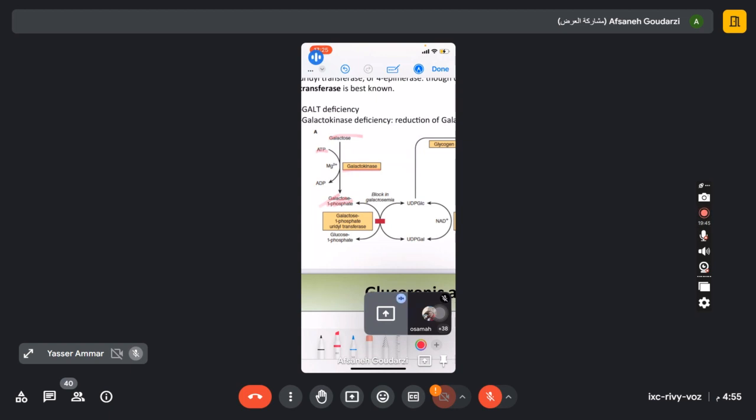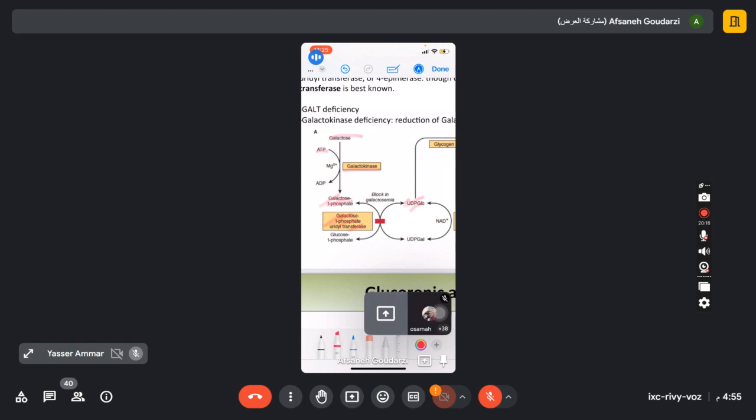The first reaction is the conversion of galactose to galactose 1 phosphate. Then we have one enzyme known as galactose 1-phosphate uridyl transferase. It means that this enzyme can transfer UDP to the galactose. Here we have galactose 1-phosphate, and here we have UDP glucose.